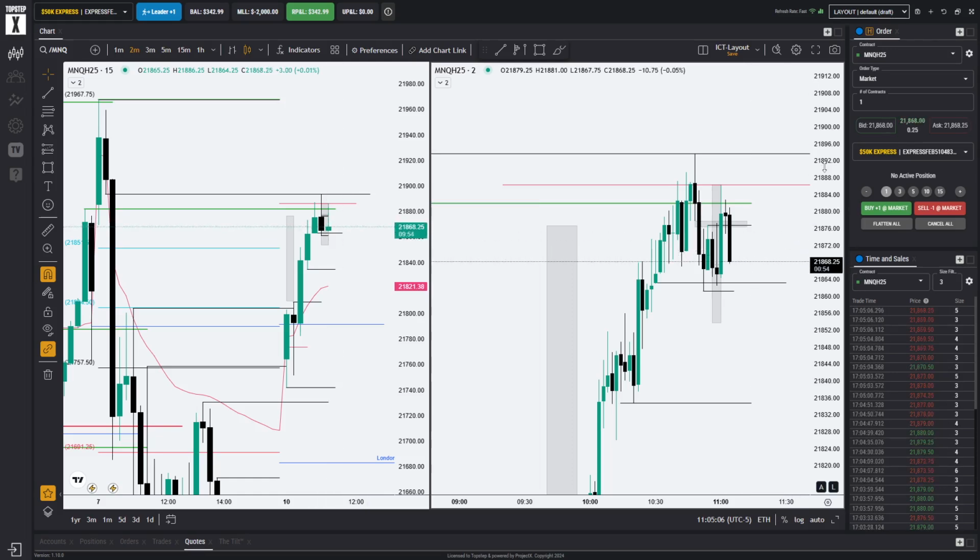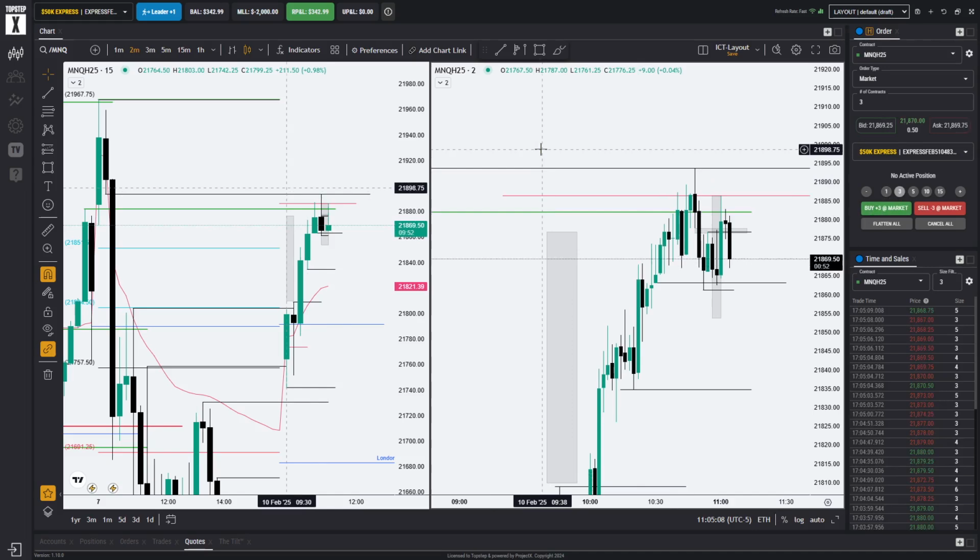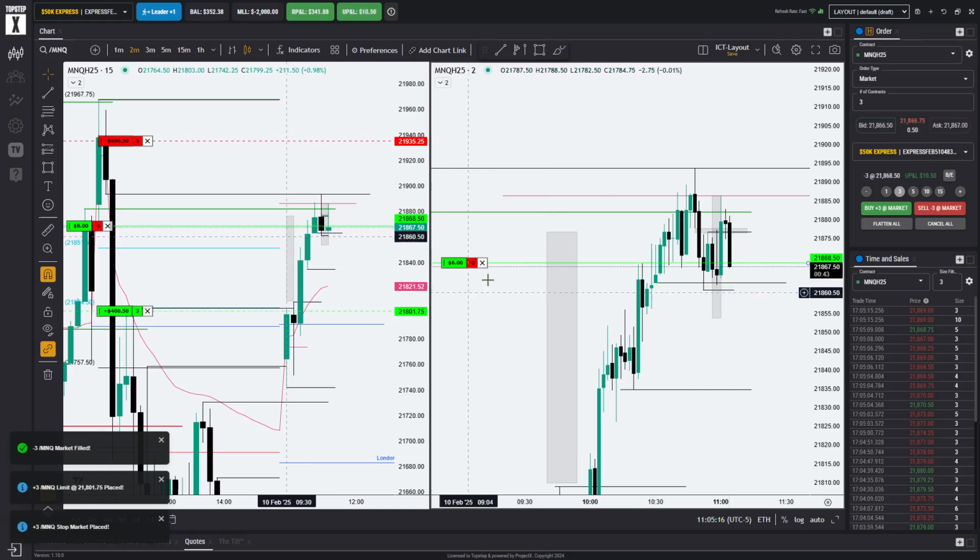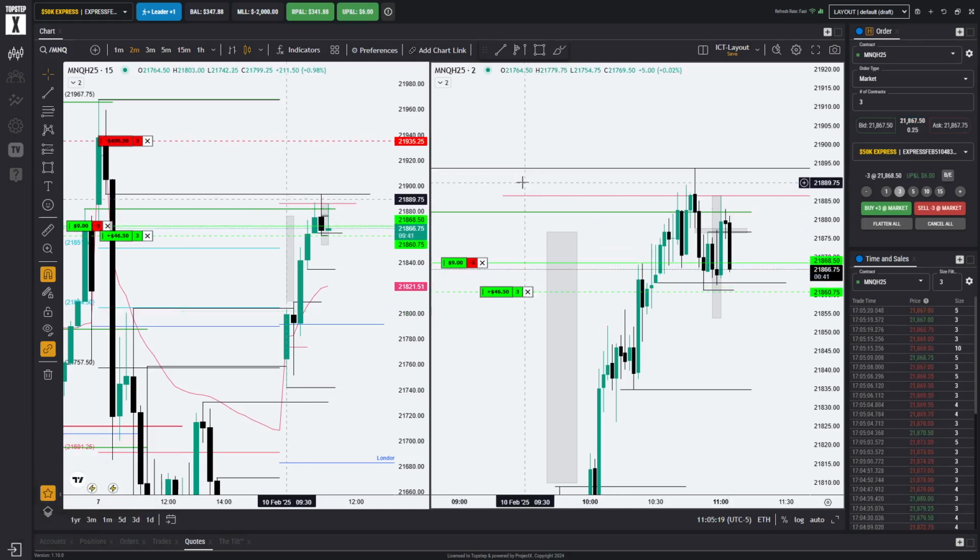Oh shit, look at that, man. Yes, it's breaking lower. Order filled. Let's jump quickly on that thing for a little push to the bottom. Come on.